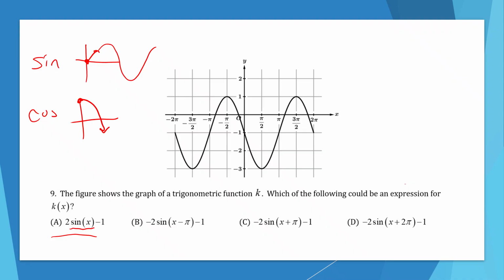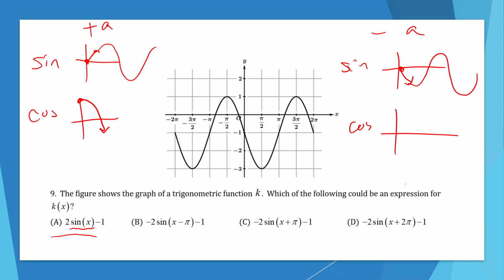Now, unfortunately, if there's a negative sign like there is in B, C, and D, then it's the opposite. So this is with a positive a value. With a negative a value, a sine starting point is going to start at the midline and go down, and a cosine starting point is going to start at the minimum and go up. It's just going to be how it works.